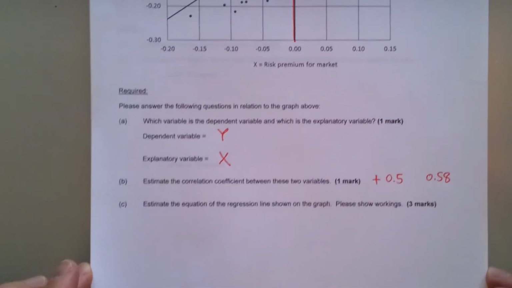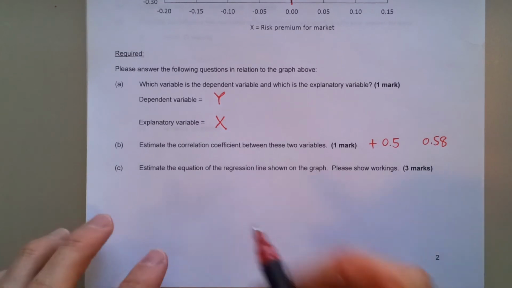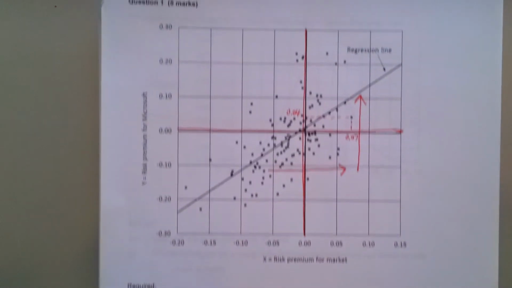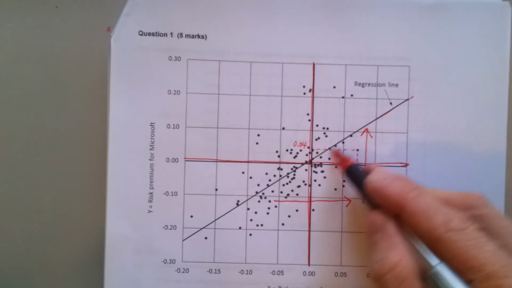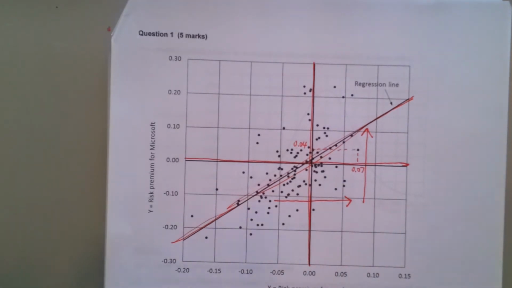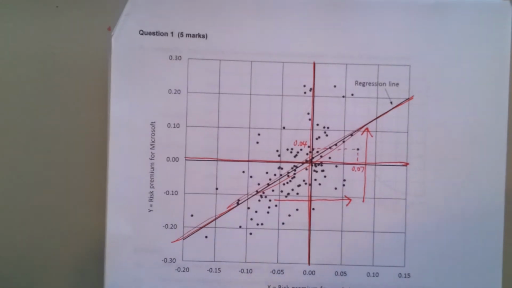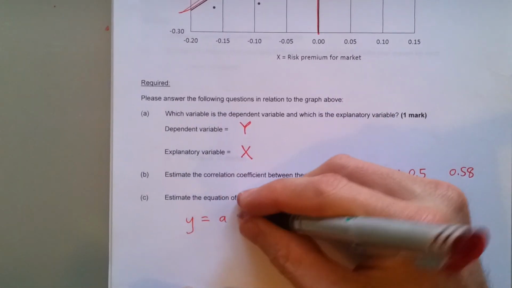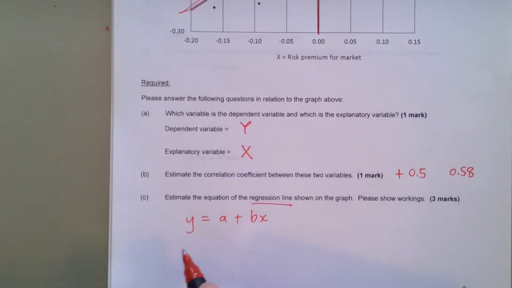The final part of the question is a little bit more involved, and we're now asked to estimate the equation of the regression line. Now the regression line here is actually just presented for you. We didn't even have to know that it related to the scatter plot. The line's there and we just want to know what its equation is. The conventional or standard form of a line is y equals a plus bx, dependent variable y, independent or explanatory variable x.